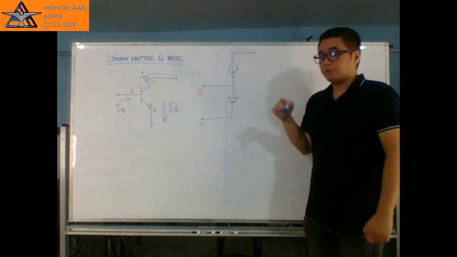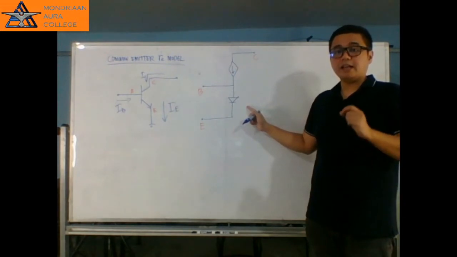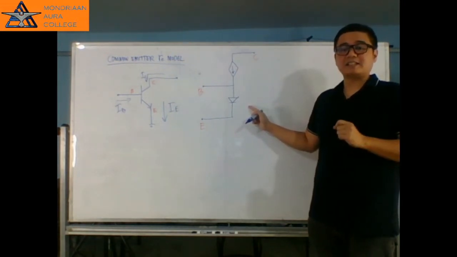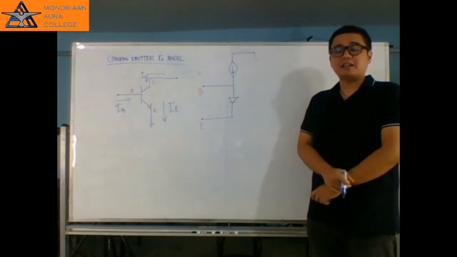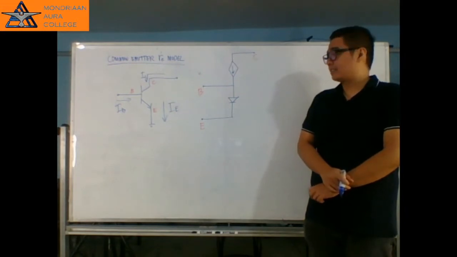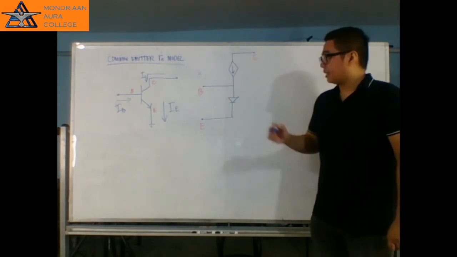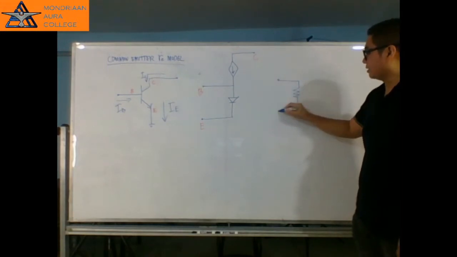But we all know that the diode can be represented by a resistance. Ano ba yung resistance na yon? Remember yung R sub D na dinerive natin using Shockley's equation or the AC resistance. We can represent this as a single resistor.